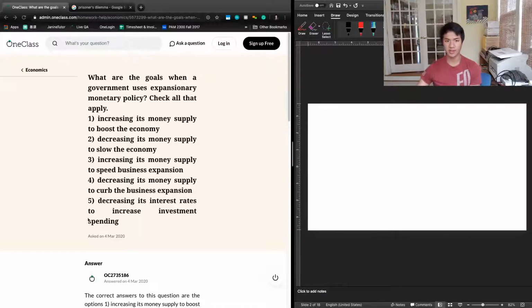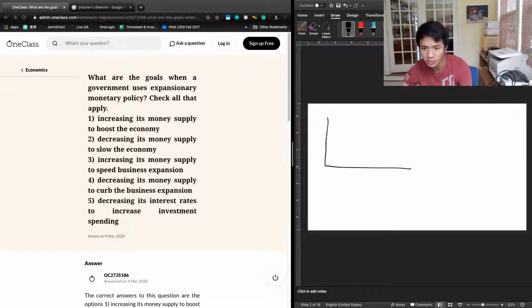So it's important to understand what expansionary policy means, right? Basically, you would engage in expansionary policy in a situation in which the economy is producing at a level lower than the potential GDP. So you have long-run aggregate supply here, and this is potential GDP, and then you have short-run aggregate supply and aggregate demand.